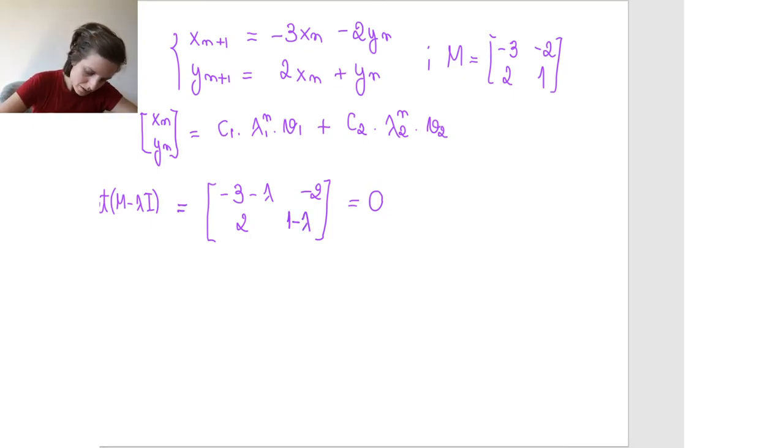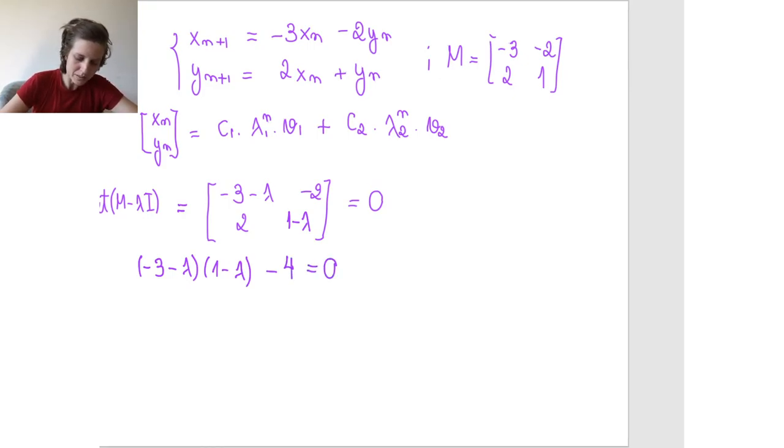So let's go for it. So minus 3 minus lambda times 1 minus lambda minus 4 equals 0.